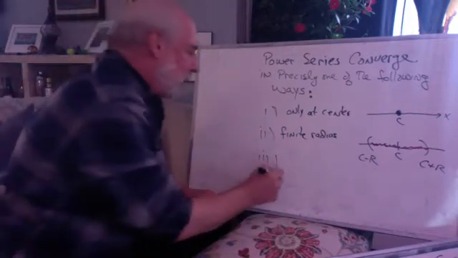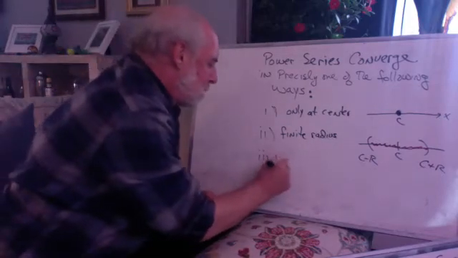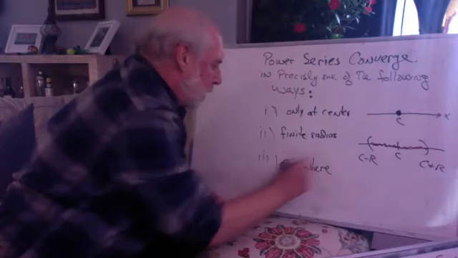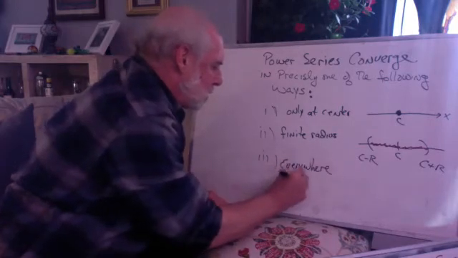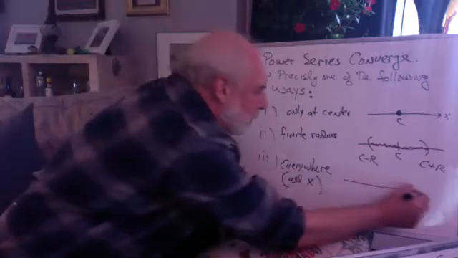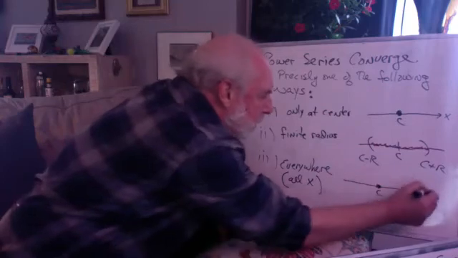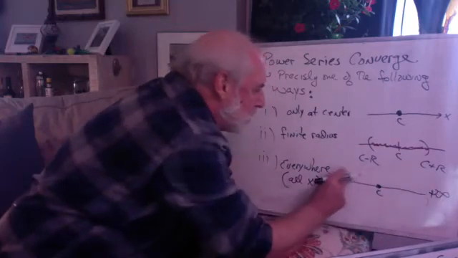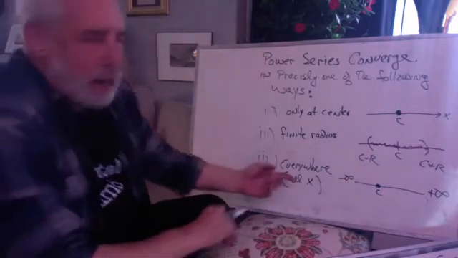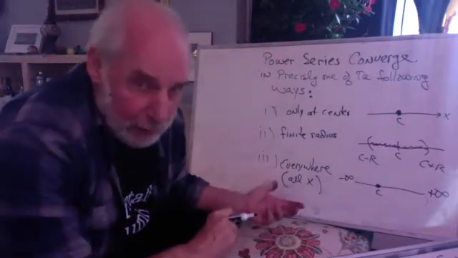And the third one is everywhere. And that means any value of x will make it go. And so it would be like this. Here's the C, here's positive infinity. So the third thing is any x on the number line, all of them make it converge.